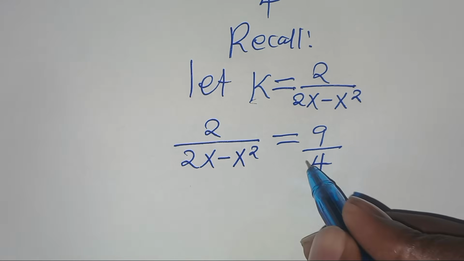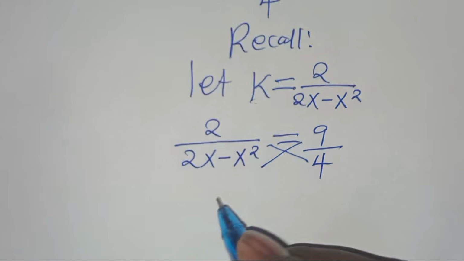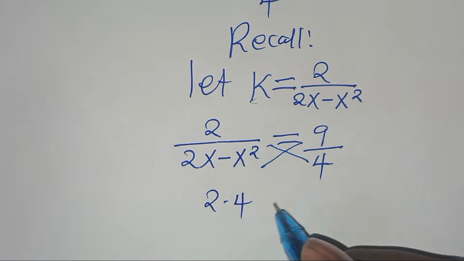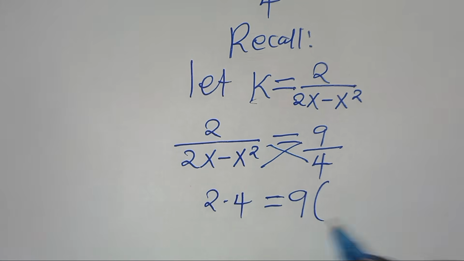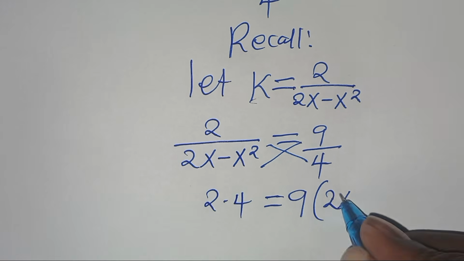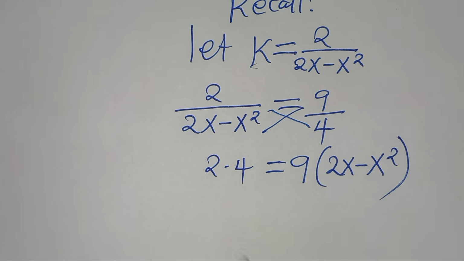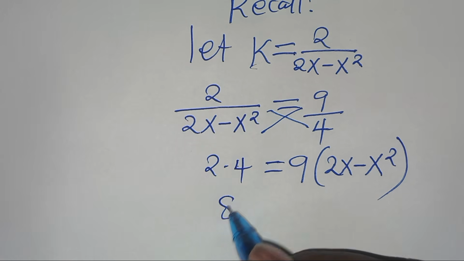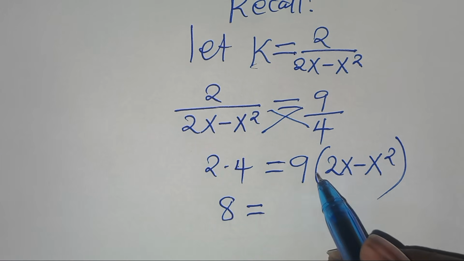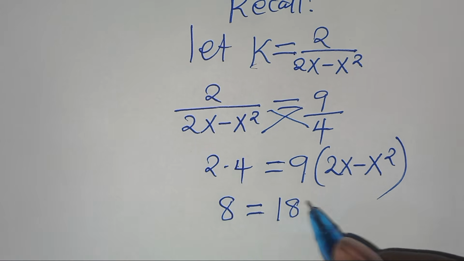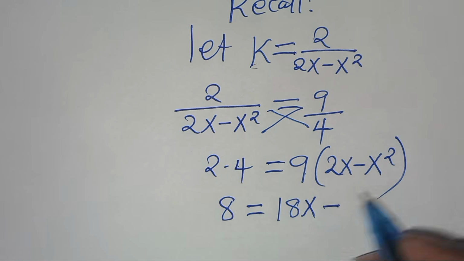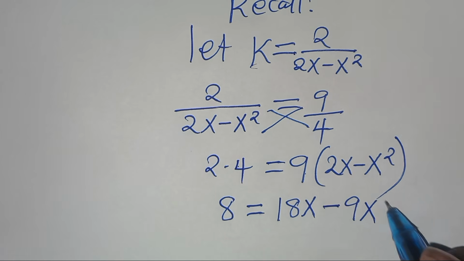The next step is to cross multiply from here so that we have 2 multiplied by 4. This is equal to 9 multiplied by 2x minus x to the power of 2. So 4 times 2, this is 8, which is equal to 9 times 2x, this is 18x, then subtract 9x to the power of 2.